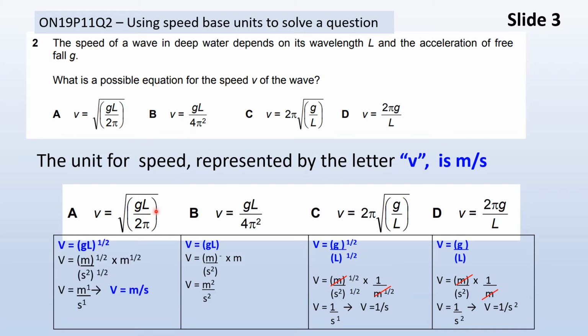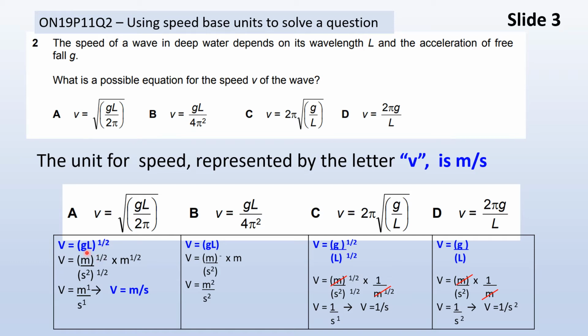On option A, g and L are multiplying, and because it's under a square root, again we are going to place 1 over 2 to represent the root. This means that 1 over 2 is applied on each base unit.